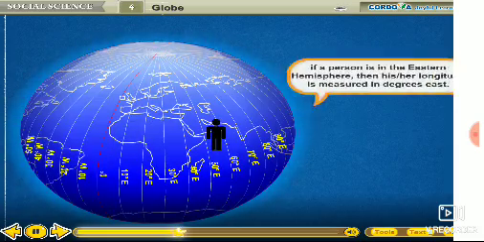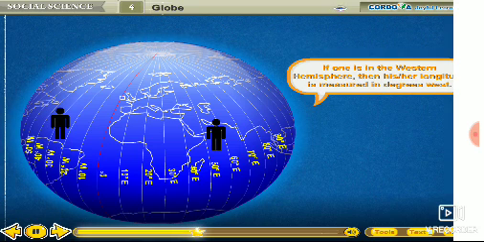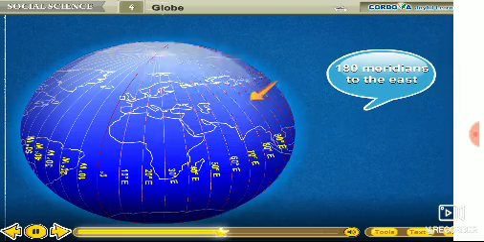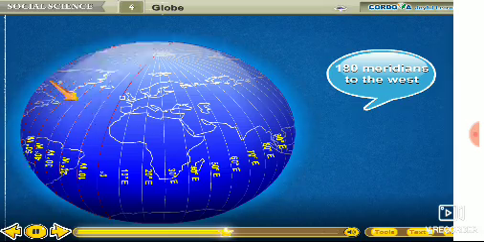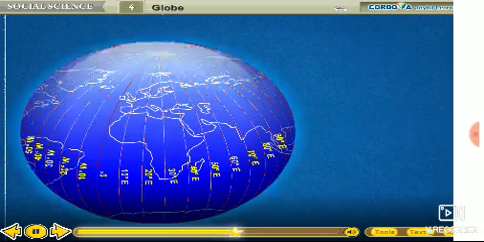For example, if a person is in the eastern hemisphere, then his or her longitude is measured in degrees east. If one is in the western hemisphere, then his or her longitude is measured in degrees west. There are 180 meridians to the east and 180 meridians to the west sides of the prime meridian.